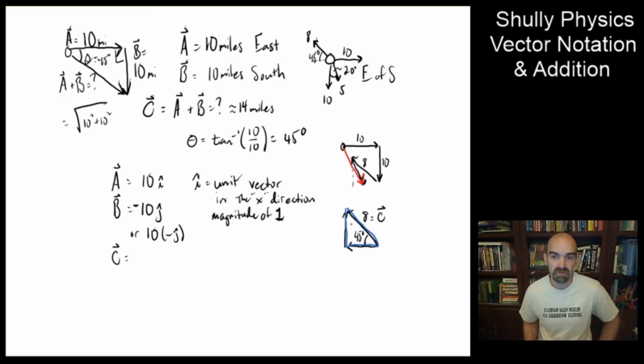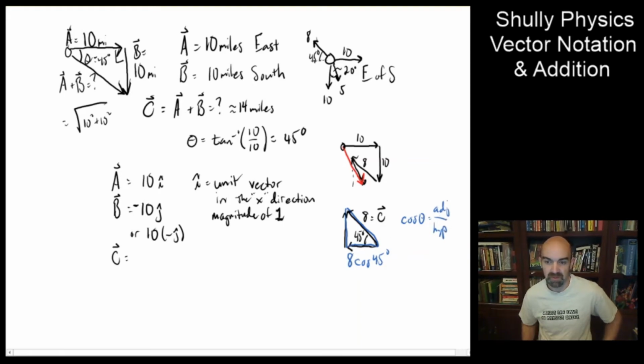Therefore, we can use sines and cosines. So with this right triangle, this component down here will have a magnitude of 8 cosine 45. If you're going, Mr. Shelley, where are you pulling this from? Just recall the definition of a cosine of an angle is the adjacent side divided by the hypotenuse.